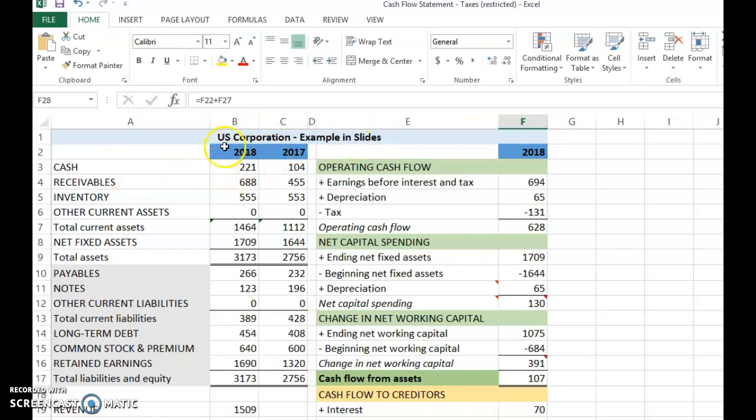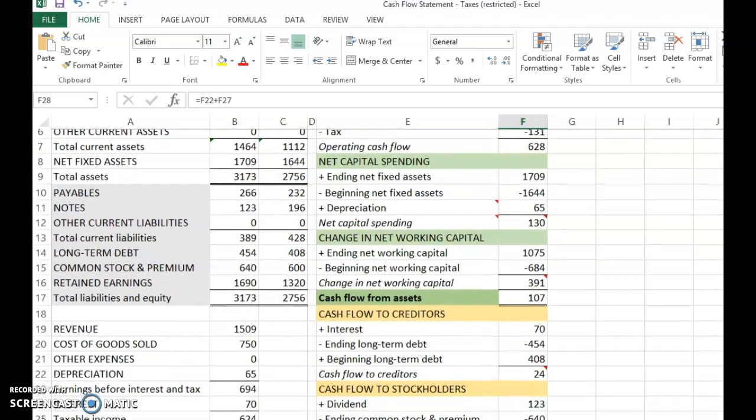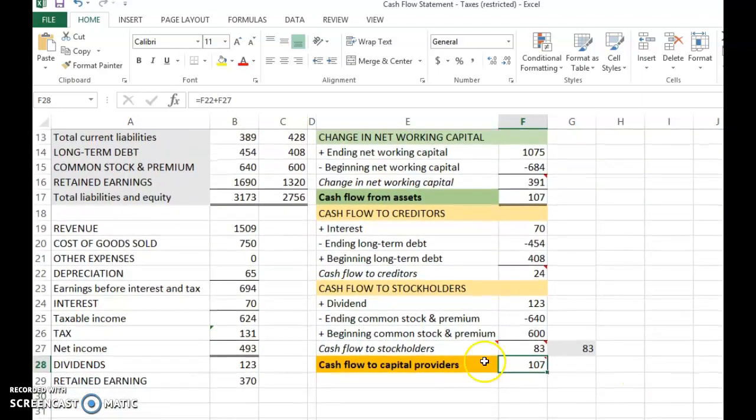This is the balance sheet for 2018, and this is the balance sheet for 2017. So you have 2 years. And at the bottom you also have the income statement. The ones above are the balance sheet, and here you have the income statement.